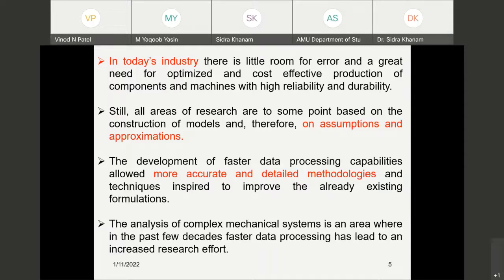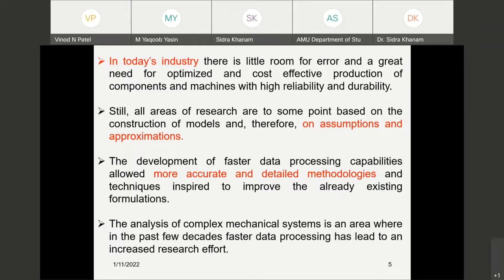Nowadays there is development of fast data processing capabilities of the computer. So more complex and more accurate models and detailed methodologies have been developed, which can be useful to study defect detection and other dynamic analysis of machine components in more detail with better accuracy.